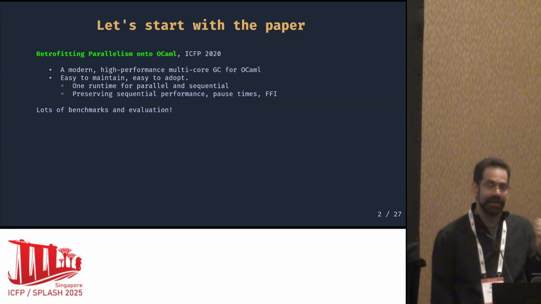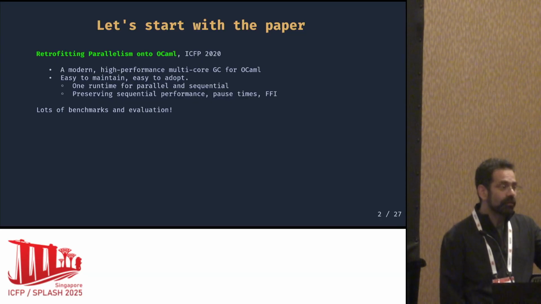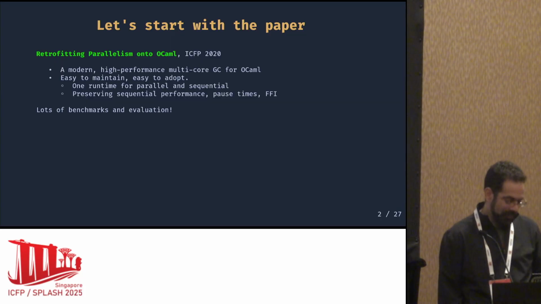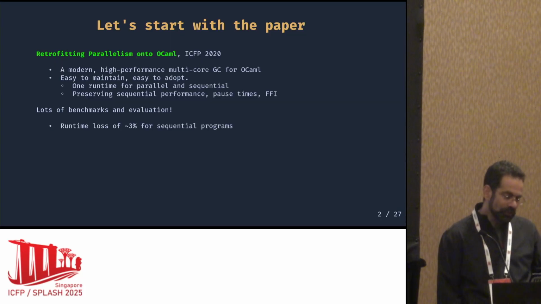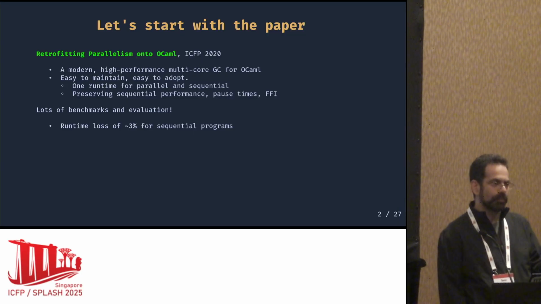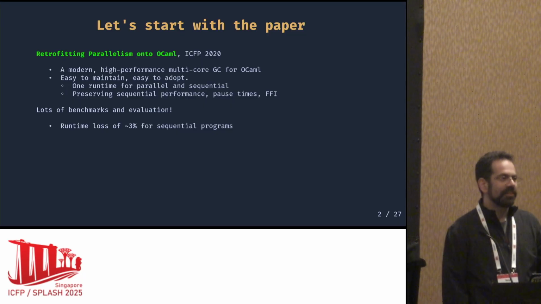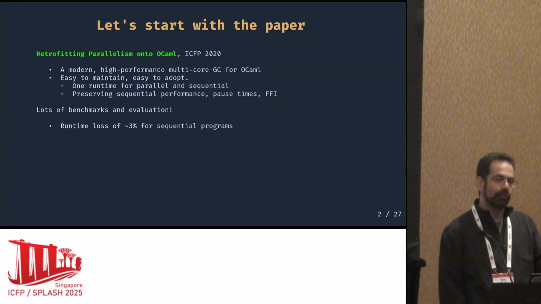Another thing the paper did is it produced a bunch of benchmarks and evaluations to see whether or not it really met the goals. And if you looked at those evaluations, it looked like something like a few percentage points of loss of performance for sequential programs, which was thought to be an acceptable loss in that case. It's worth saying, you shouldn't talk about the performance of a garbage collector as a single number.